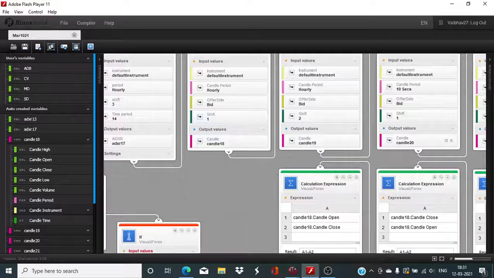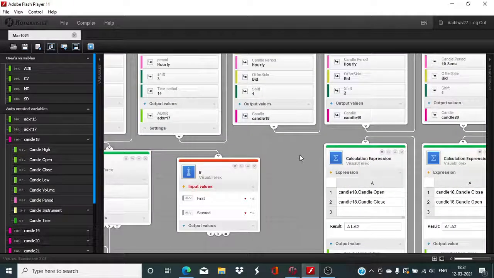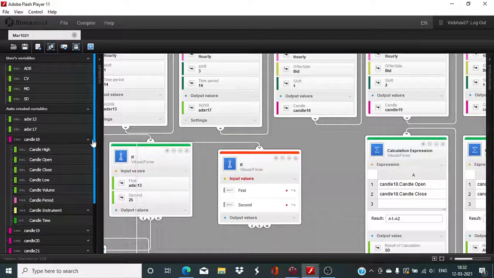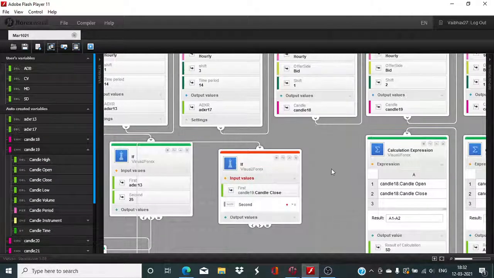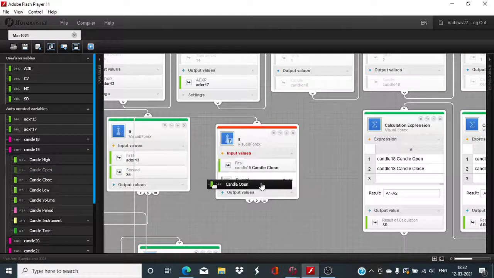and also the penultimate candle, which is candle 19, should have closed with gains, that is its closing price was above its opening price. Candle 19 candle close was above candle 19's candle open.